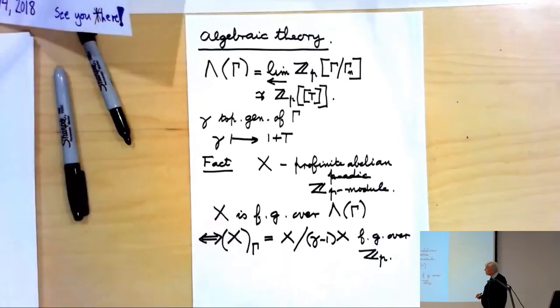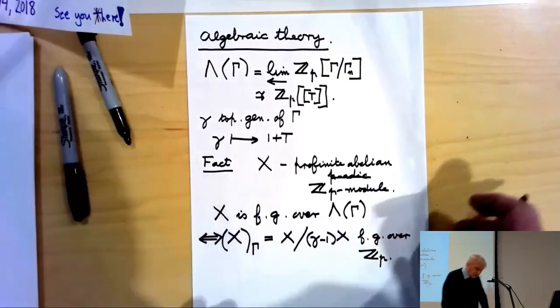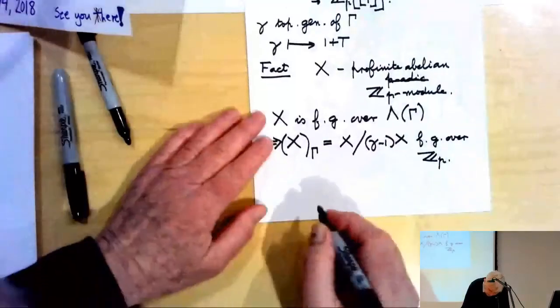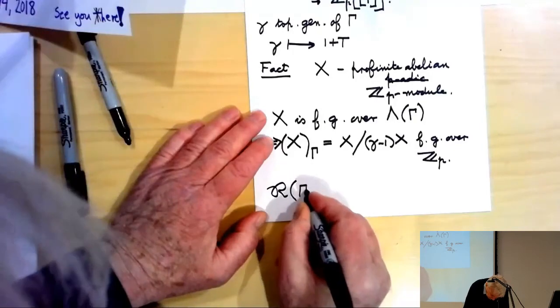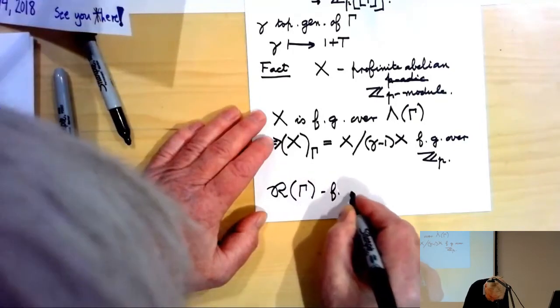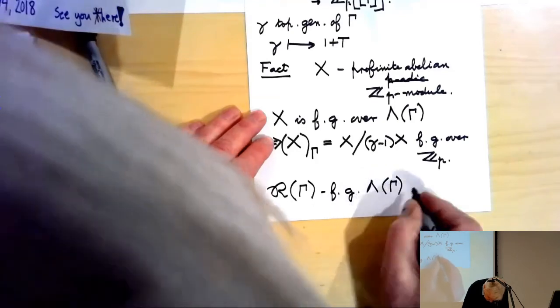Or if you like, that's the same as saying that when you divide it by the maximal ideal, you'd get a finite group. So this is Nakayama's lemma in this case. And so what we're interested in is, of course, the category, I call it in the notes, R of gamma, of finitely generated lambda gamma modules.